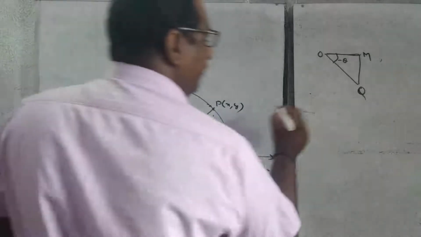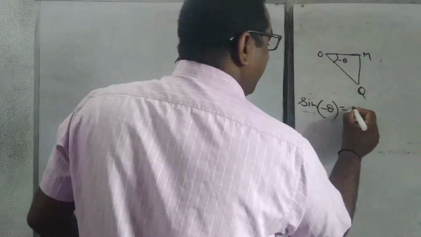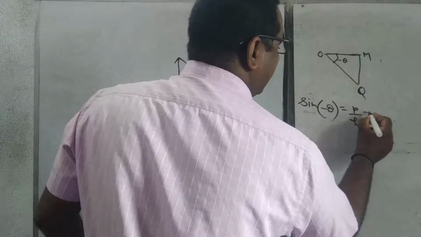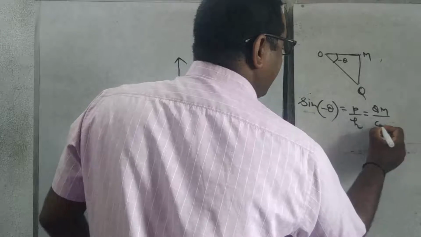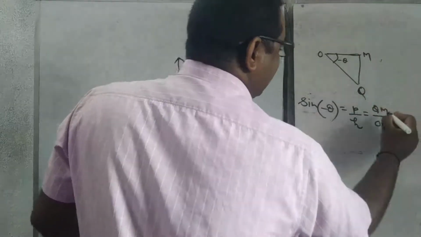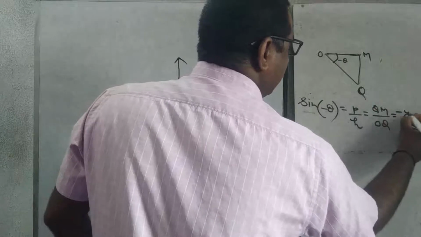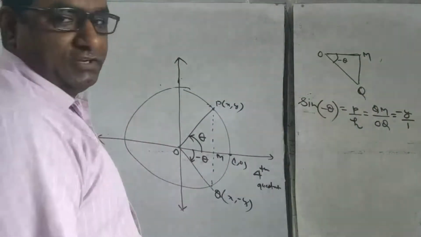So what is the value of sine minus theta? Perpendicular upon hypotenuse. Perpendicular is QM and hypotenuse is OQ. But since it lies in the negative direction, this is minus y upon 1, as OQ is the radius of the circle.